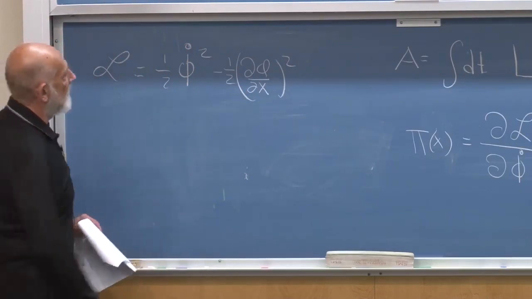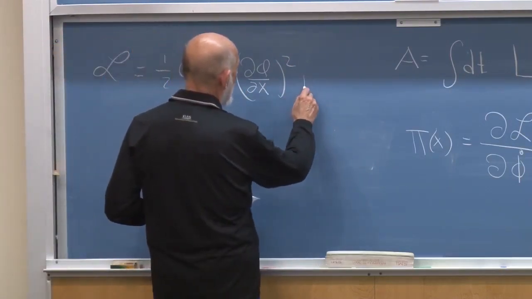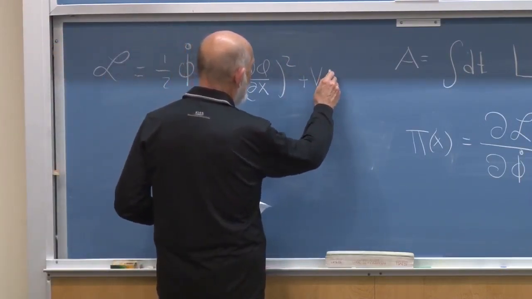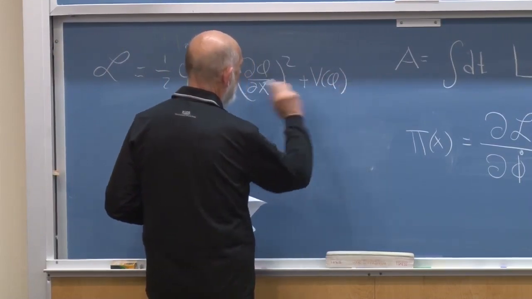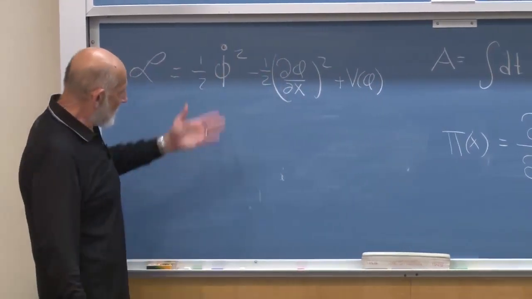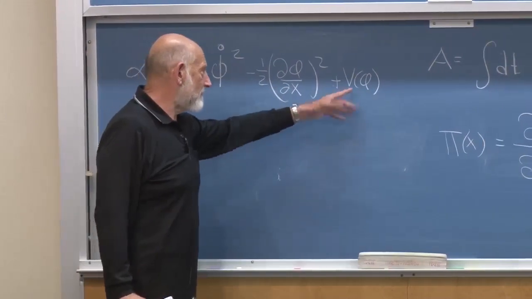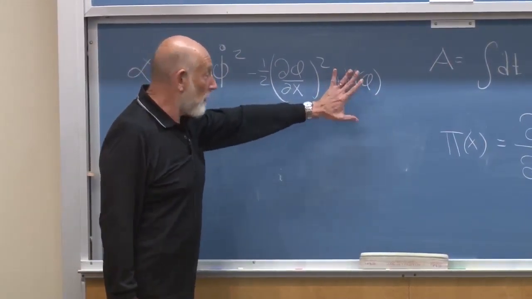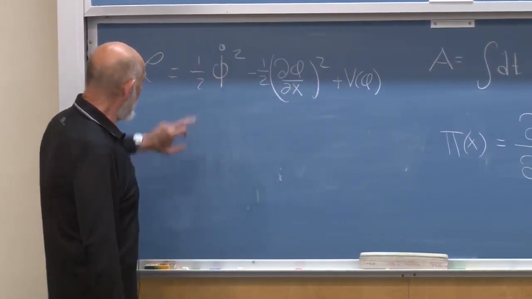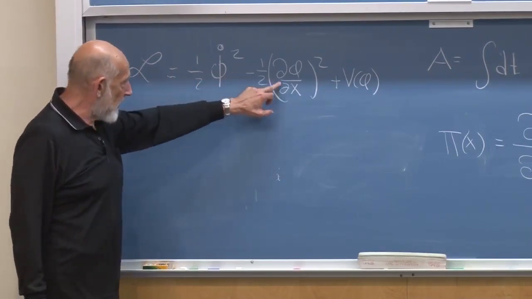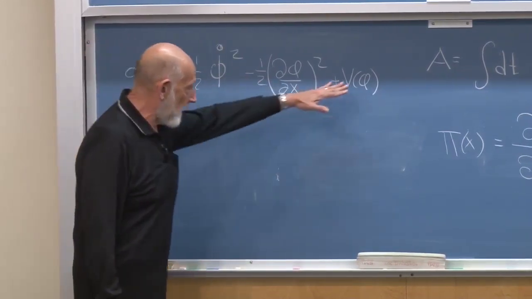And finally, let's add in, just for generality, some sort of V of phi. It has phi dot squared, it has gradient of phi squared, and it has V of phi.